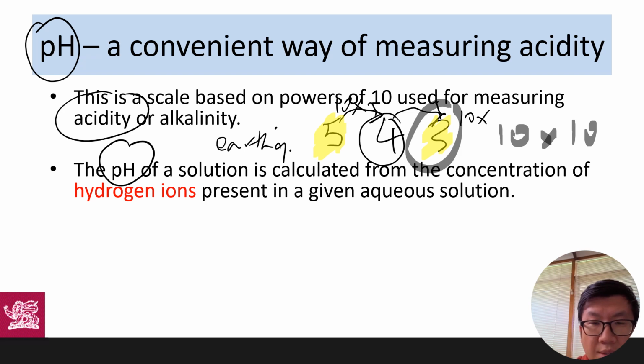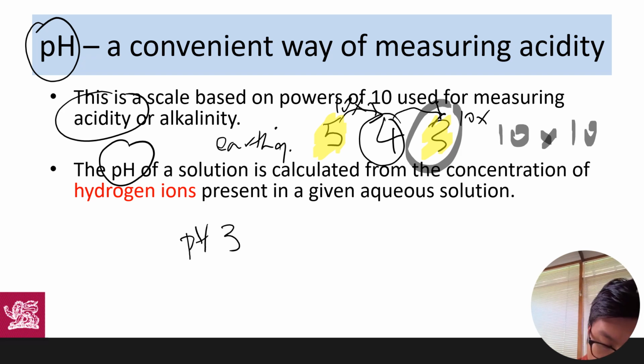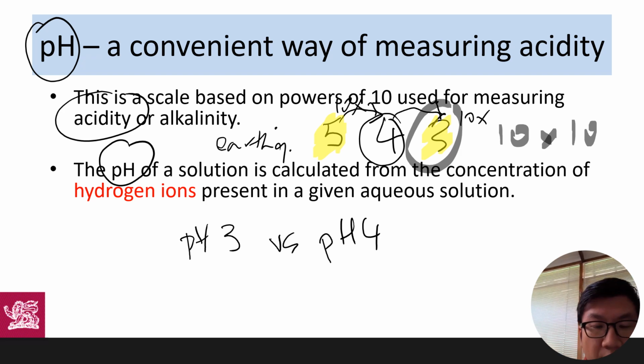So likewise, but in the reverse order, if we were looking at pH, say 3 versus an acid of pH 4, an acid of pH 3 is 10 times stronger than an acid at pH 4.